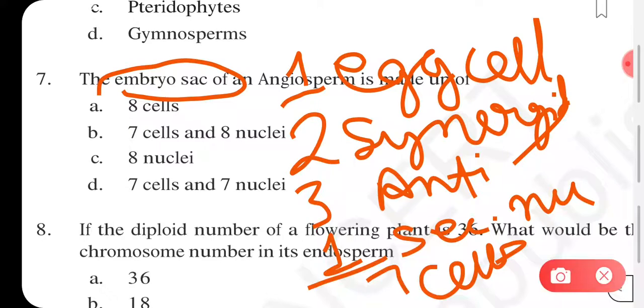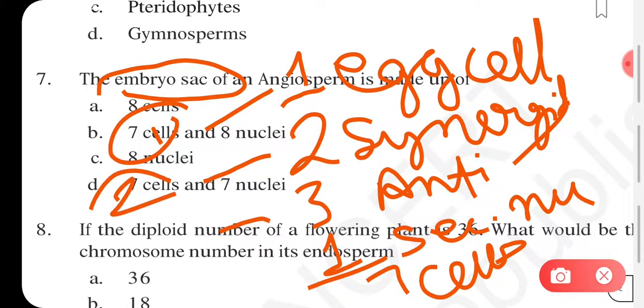Now let us see how many nuclei it will have. Each cell is going to have one nucleus, right? So the egg cell will have one nucleus. Two synergids are there, so both of them have one nucleus each, so it becomes 2. One for the egg cell, 2 for the synergids. 3 antipodal cells are there, so 3 nuclei, and the secondary nucleus is made up of 2 polar nuclei which are fused together.